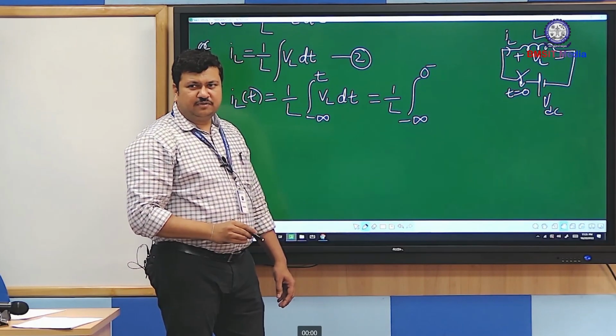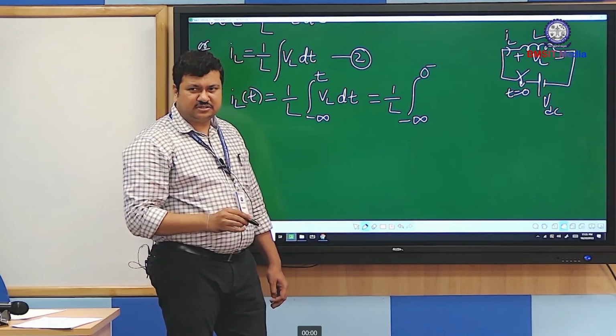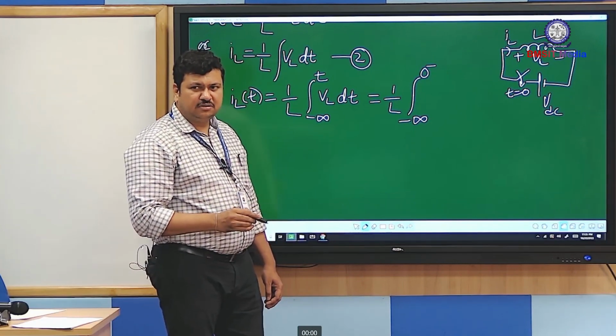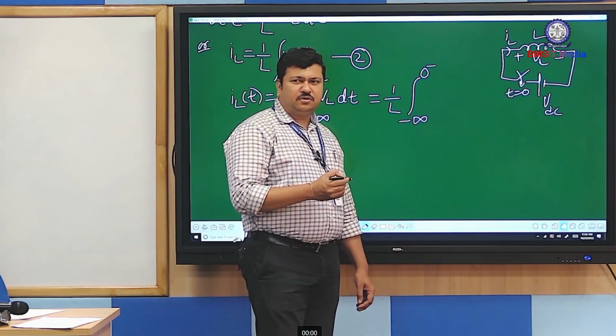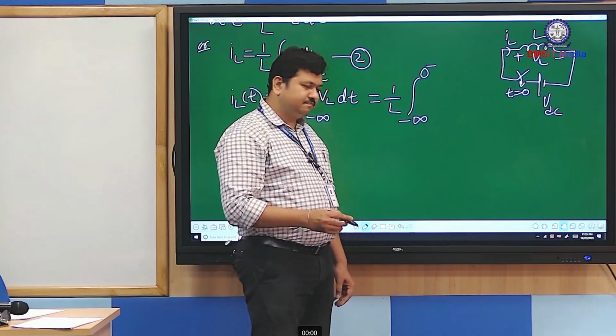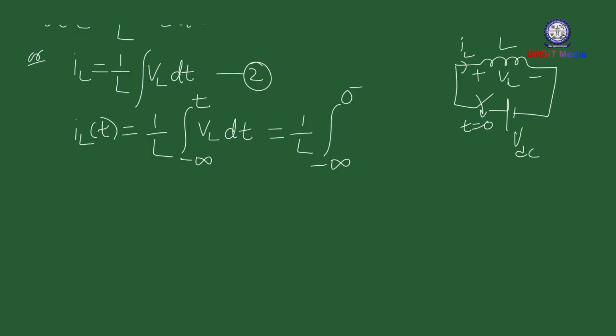In the previous lecture, we clearly defined what 0 minus is. It is the time instant just before the switching action has taken place. VL dt plus 1 over L integration from 0 minus to t of VL dt. So there are two parts of the same integral here.